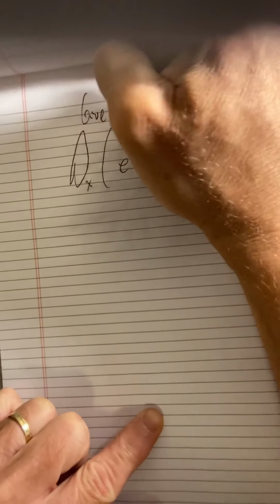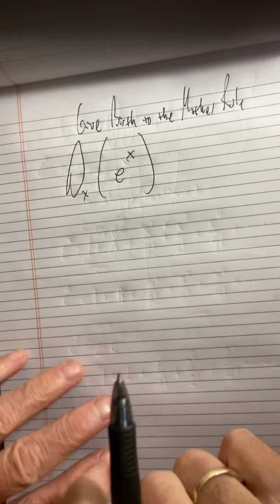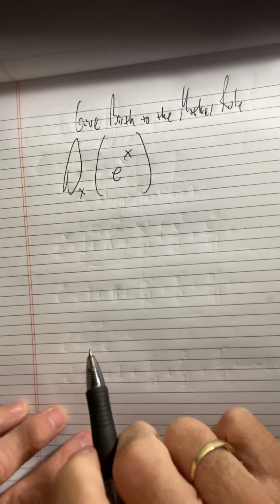Now, we're going to talk about the differentiation rule for e to the x. I call this the give birth to the mother rule. Why does it have such an, admittedly, almost disturbing name?